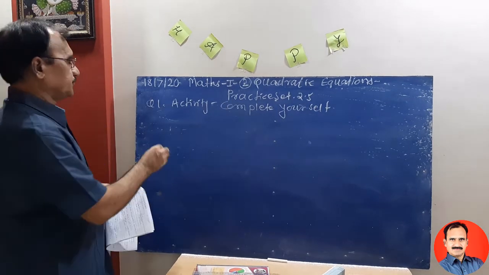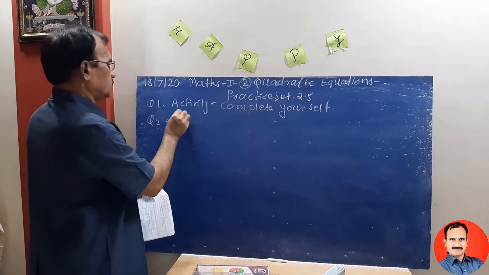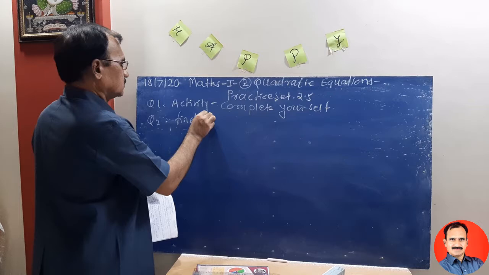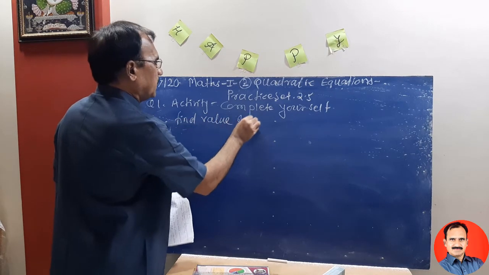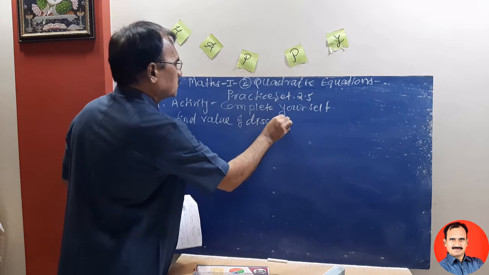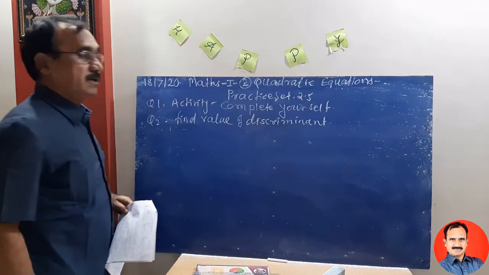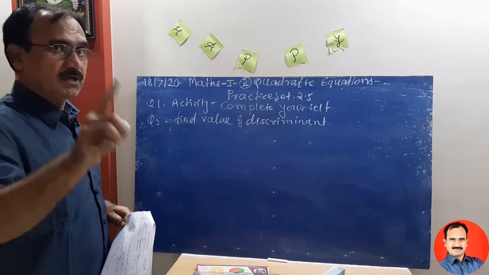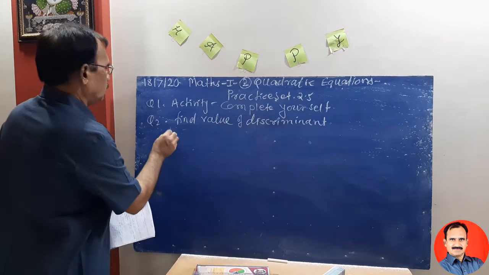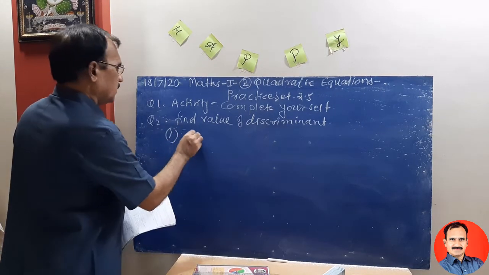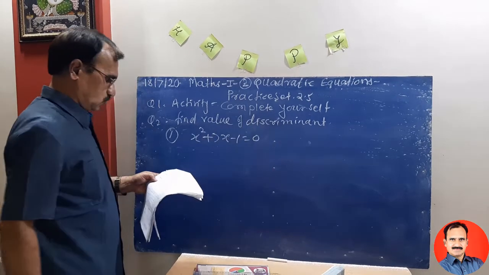Now the second one, find the value of discriminant. Discriminant means b square minus 4ac. Good. First one, x square plus 7x minus 1 is equal to 0.